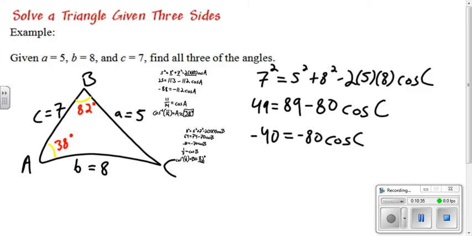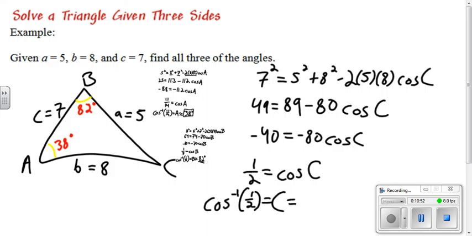Divide both sides by negative 80, and we are left with 1/2 equals the cosine of c. And we have to take the arc cosine of 1/2 to get c. And this one won't be approximate. This is exactly 60 degrees, because the cosine of 60 comes out to 1/2. So we know that c is exactly 60 degrees in this case.